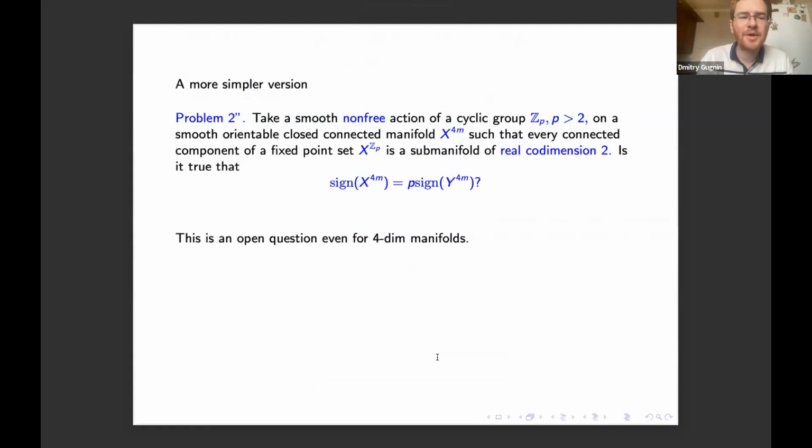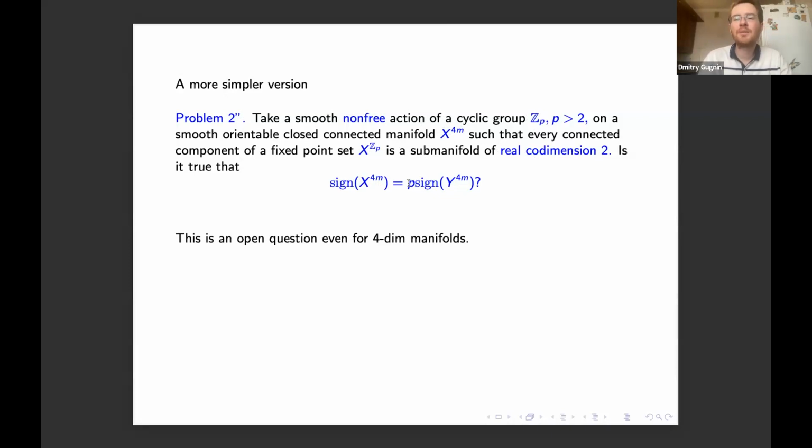A still simpler version, problem 2 double prime. Take a smooth non-free action of a cyclic group Zp on a smooth orientable closed connected manifold of dimension 4m, such that every connected component of the fixed point set is a submanifold of real codimension 2. Is it true that the signature of the covering space is just the signature of the base manifold times p?